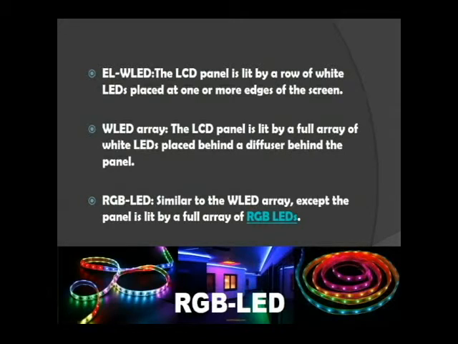EL-WLED: the LCD panel is lit by a row of white LEDs placed at one or more edges of the screen. WLED array: the LCD panel is lit by a full array of white LEDs placed behind a diffuser behind the panel. RGB LED: similar to the WLED array, except the panel is lit by a full array of RGB LEDs.